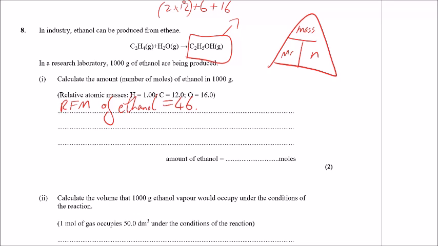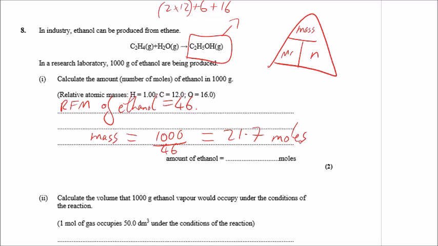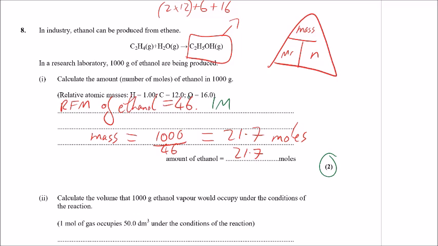Okay, and then the mole calculation itself. So the mass is 1000 grams and the MR is 46. So this equals 21.7 moles. And 2 marks there. So 1 mark for the RFM of ethanol, showing that you calculated it, and then the 2nd mark is for the moles.